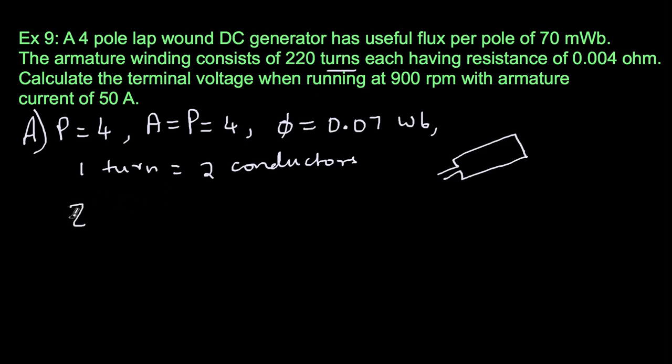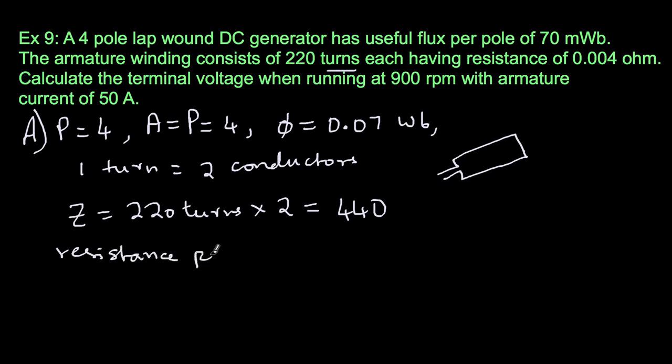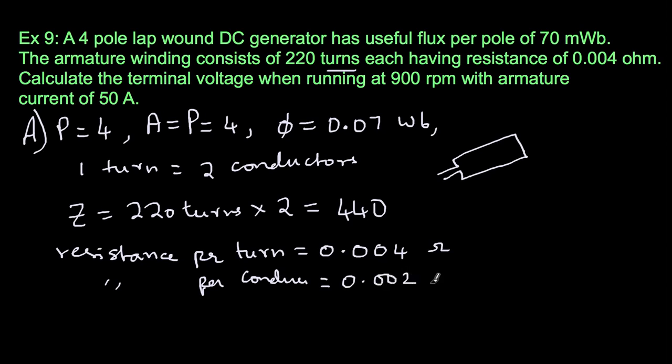That means Z is 220 turns multiplied by 2, so 440 is the value of Z. And having resistance of 0.04 ohms per turn, so resistance per turn is 0.004 ohm. Therefore resistance per conductor will be half of that, 0.002 ohms.